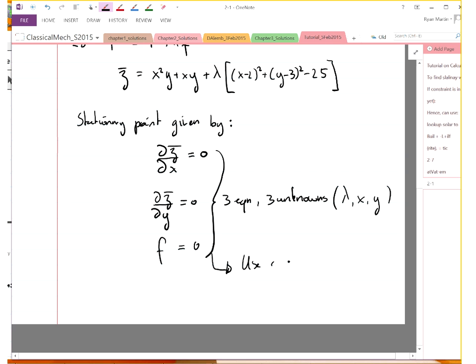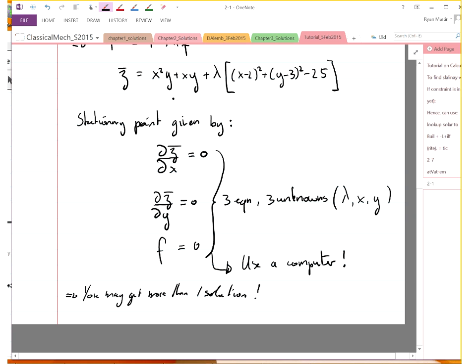And to solve these, I recommend you use a computer. And I'll note, you may get more than one solution. That's not so surprising, right? Because you have several squares.